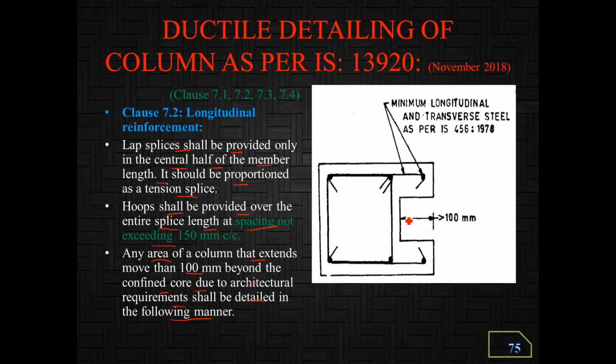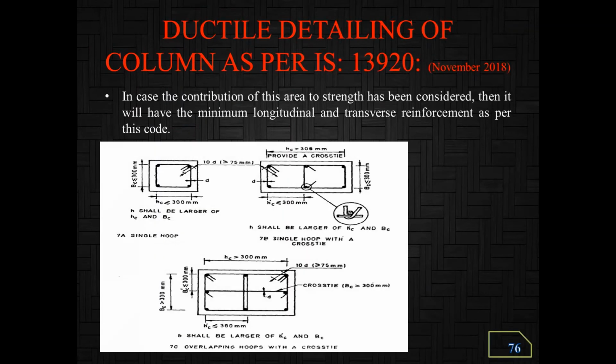You can see in this manner we have to provide stirrups where the section extends beyond the column. If the strength of this area has been considered in the contribution, then it will have minimum longitudinal and transverse reinforcement as per this code. So by this code you can draw this figure.